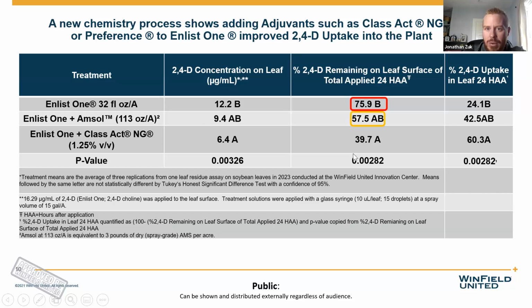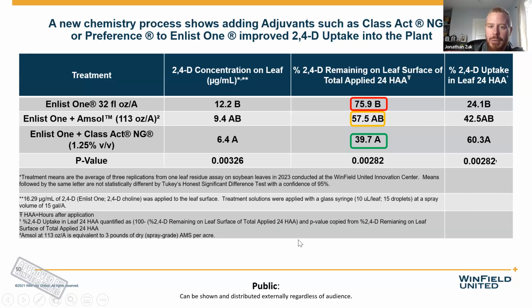When we add Amsol, that's just liquid AMS solution, we can increase the uptake of that 2,4-D slightly significantly, about 20% more uptake with the addition of AMS. When we add Class Act into the tank, however, we get a statistically significant increase in uptake. Now we only have 40% 2,4-D remaining. That means we got 60% of that active ingredient into that leaf in that 24-hour period.